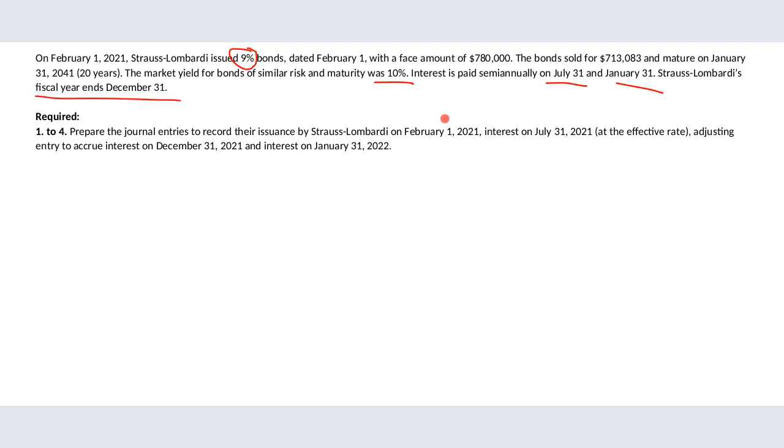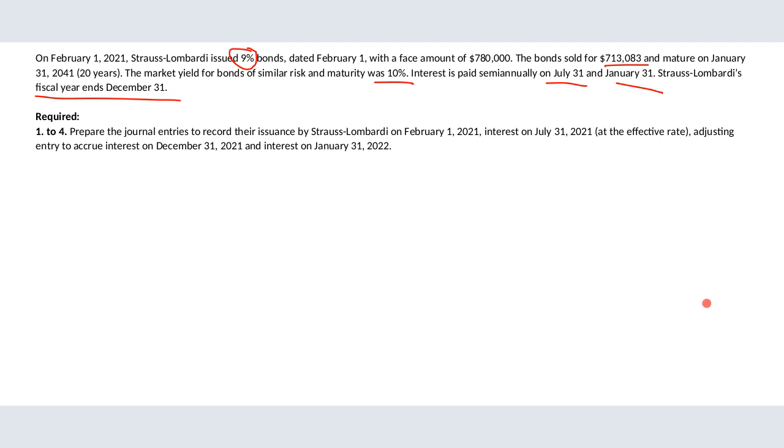So this is gonna be an accrual on December 31st because the actual payment is not due until January 31st. I think we illustrated this in class last time, but I just want to cover it one more time. Here we don't have to calculate the issue price; it is already given. So all we have to do is the journal entry.